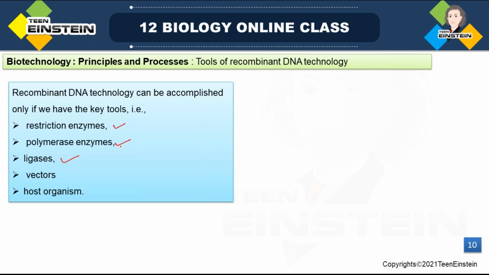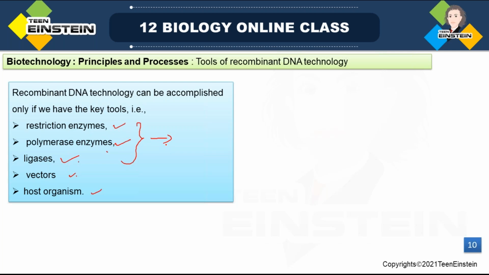Then polymerase enzyme for polymerization. Then ligase for joining. Then vector, you know the role of vector. Then a suitable host organism should be there. Ligase enzyme, polymerase enzyme, restriction enzyme: these are the three main enzymes used in recombinant DNA technology, and the role of each one you should know by heart because it is very, very important for your board exam and your NEET exam.